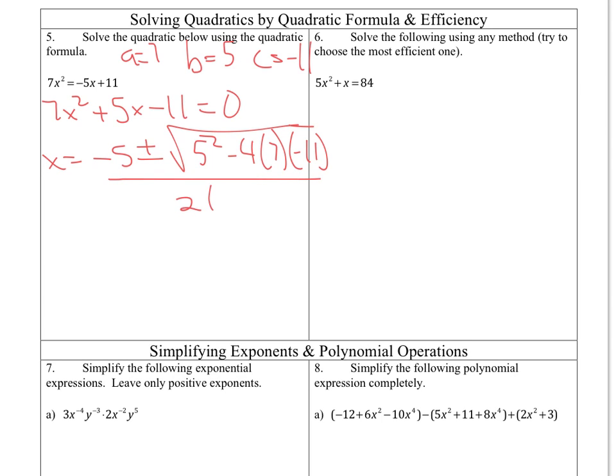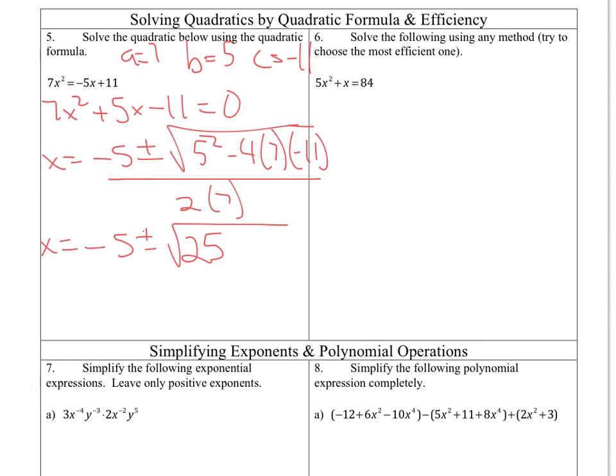So that's going to be negative 5 plus or minus the square root of 25 plus 4 times 7 times 11.